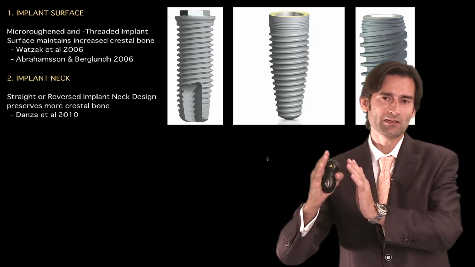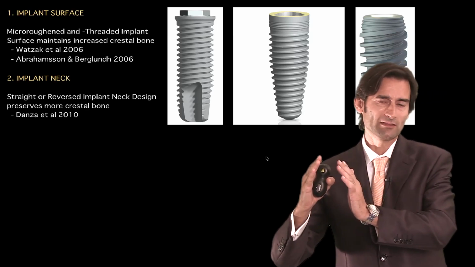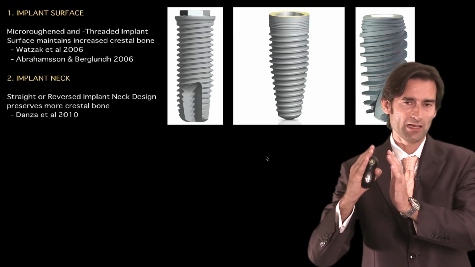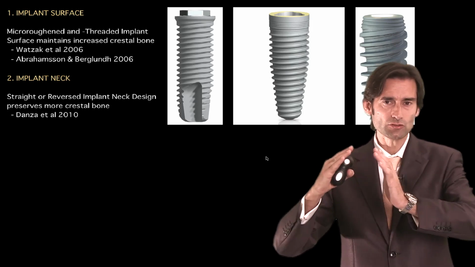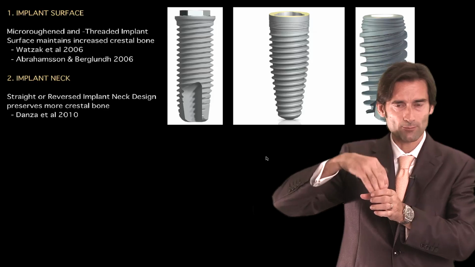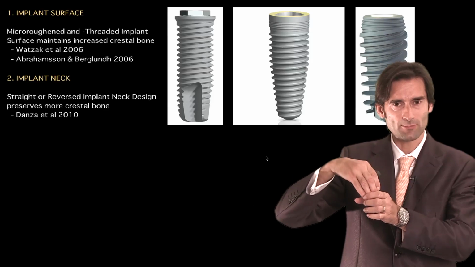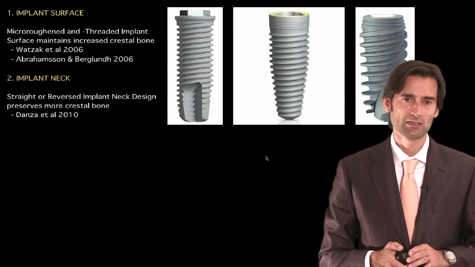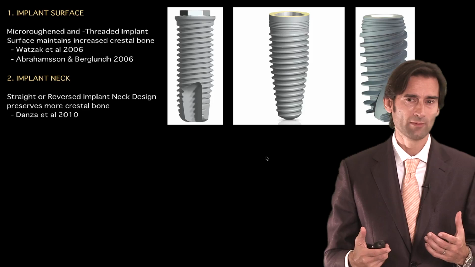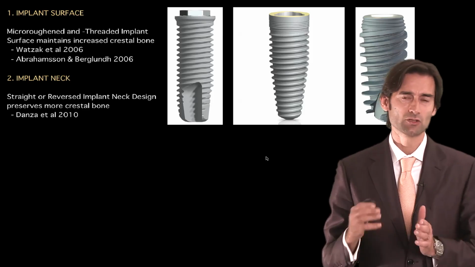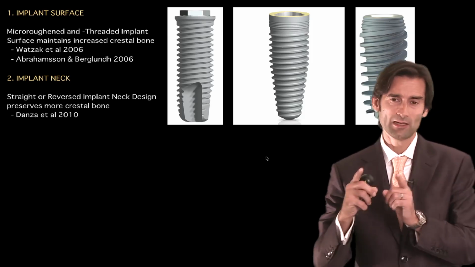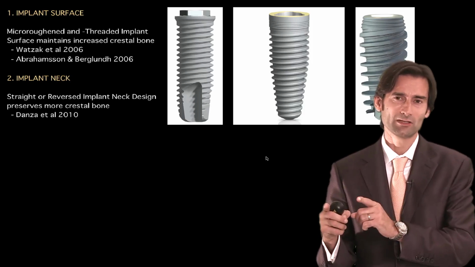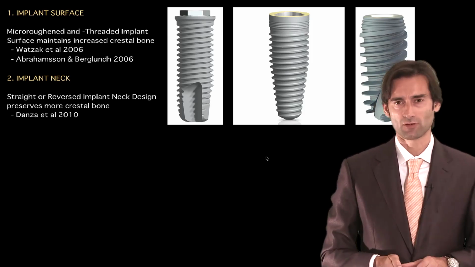Or we go even to something like a Nobel Active, or today you could also have an implant like a Bicon, or even an Ankylos, which have an internal connection, which brings better bone stability and better soft tissue stability. Again, this is new information, but certainly it makes me choose today, in my important soft tissue case, more the implant in photograph 2 and 3 than the implant in photograph 1.